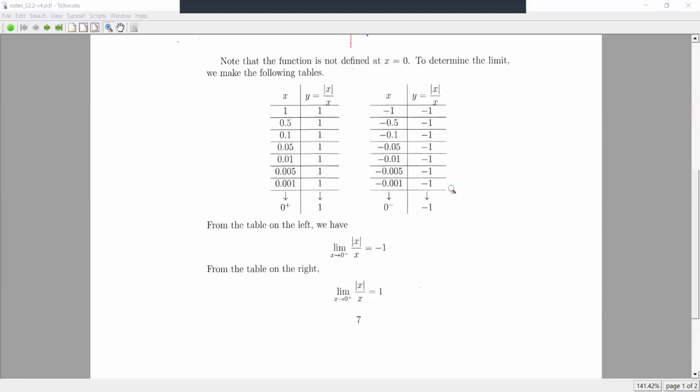This table suggests when x approaches 0 from the left, function approaches -1. In notation, the limit of this function as x approaches 0 from the left is equal to -1. The book calls this limit the left-hand limit of this function at 0.